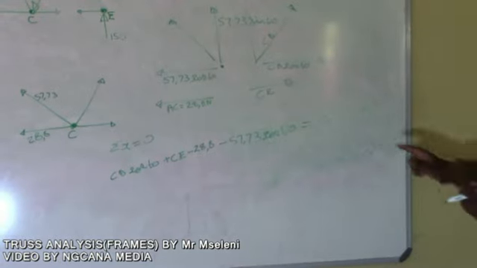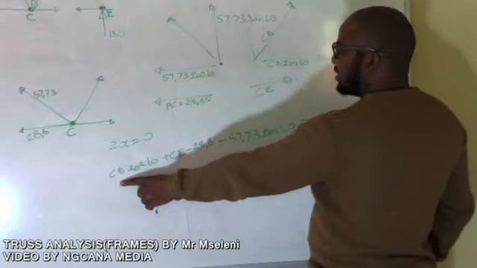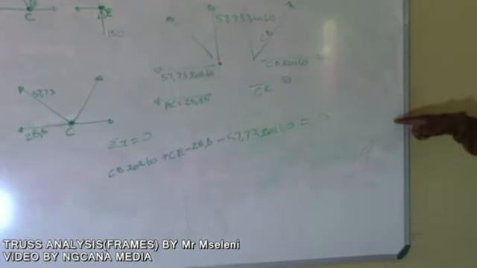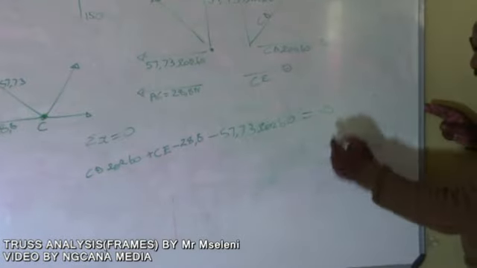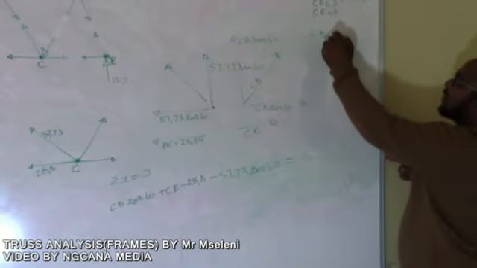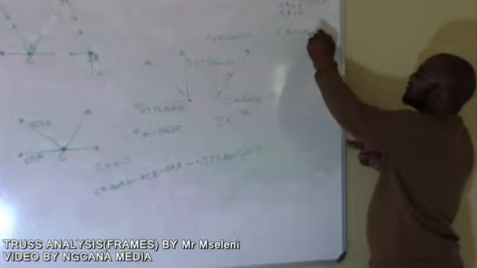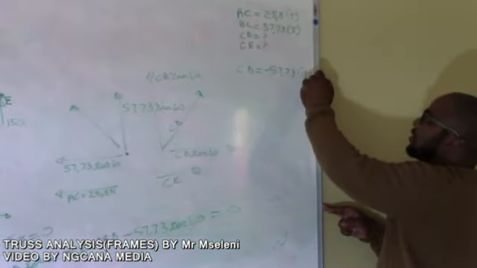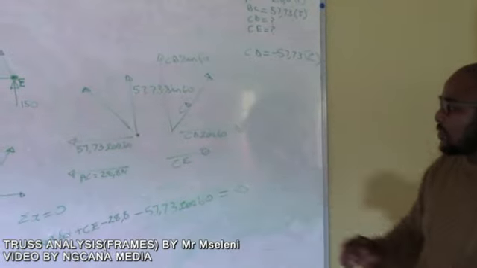And then if you check, you know the value of CD because you've already calculated it: your CD was equal to negative 57.73, which is under compression. So it's going to help you when you substitute there.